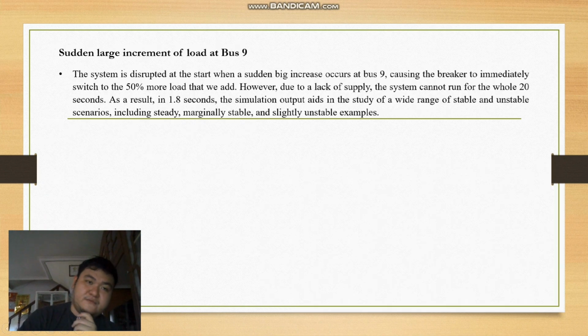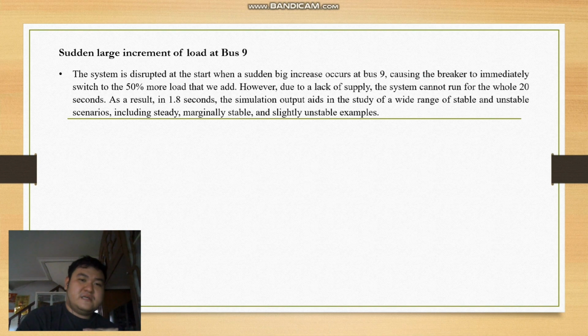After that, we do the certain large increment of load at bus 9 case. We add 50% load, and then the system cannot run about 30 seconds because of lack of supply; it's too big, it cannot supply that much amount.